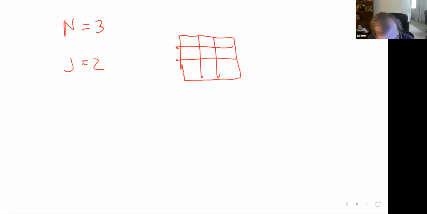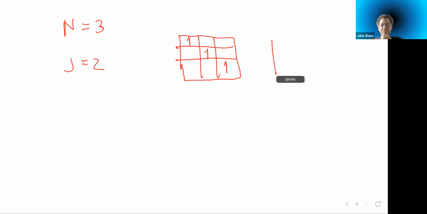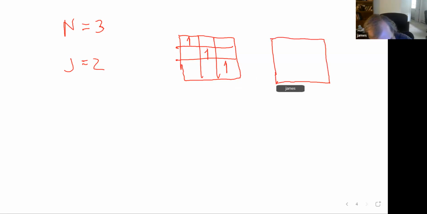Let me draw what the Hecke tensors look like in this case. There's one that looks like that. I always get confused about which ones are the coarse equivalence relations and which ones are the fine equivalence relations. So there's one that looks like equals and not equals.